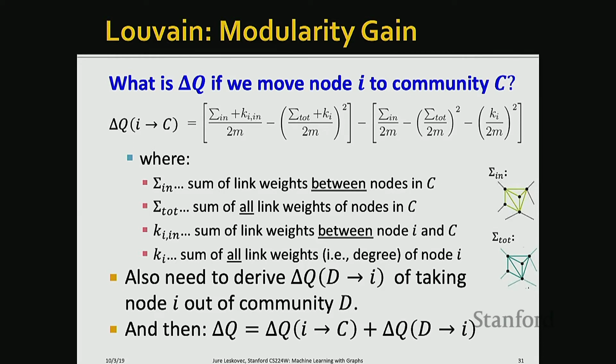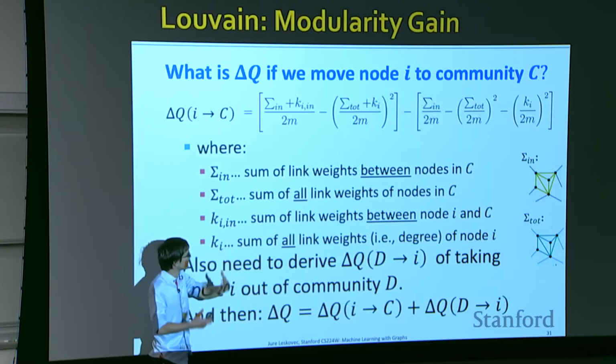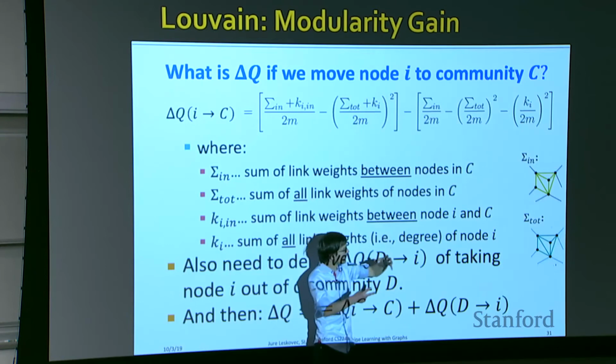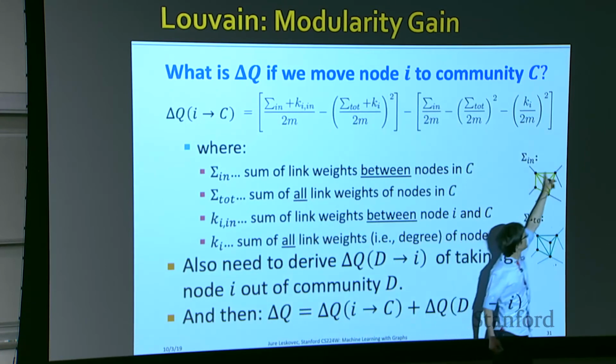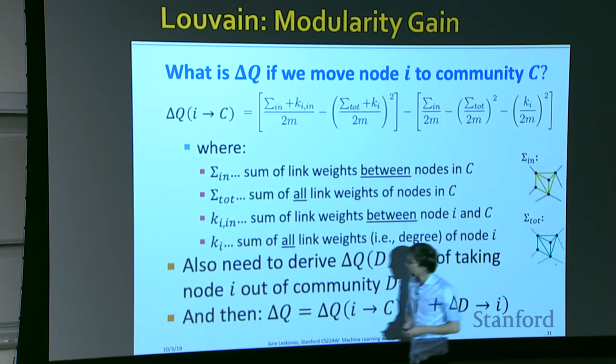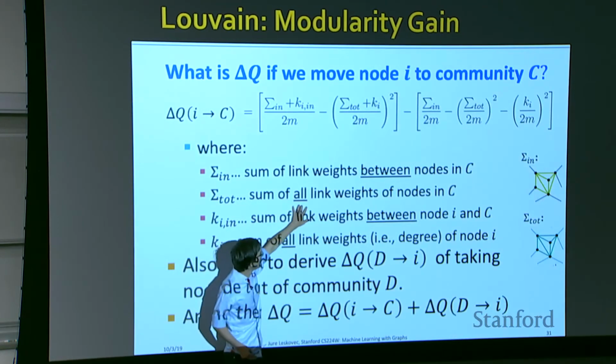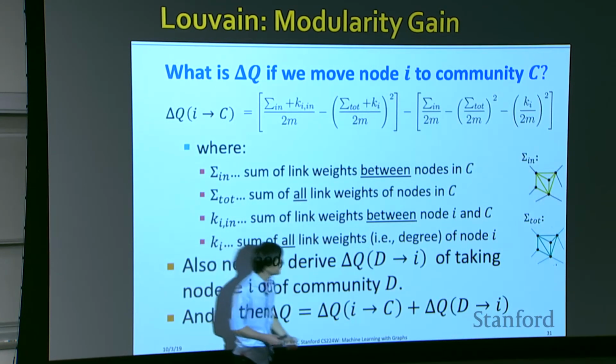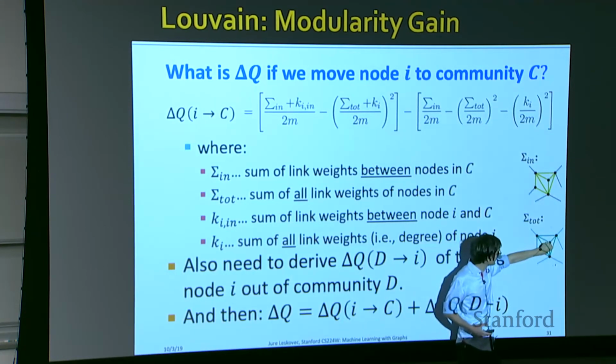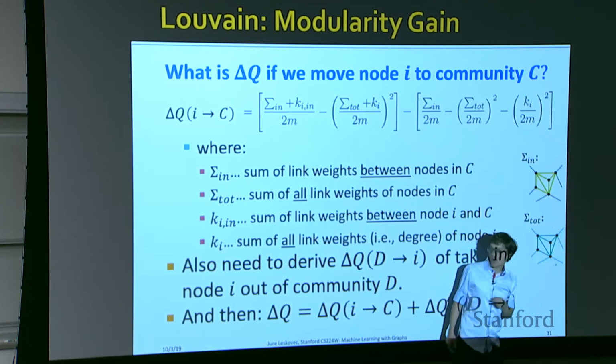Okay? But essentially, the important parts are these. Sigma in is the sum of the link weights, or the number of links, between the nodes that are in the community. So this is the internal number of edges. Sigma total is the sum of all link weights of all the nodes that are in C. So this means it's everything that's inside plus everything that points outside.